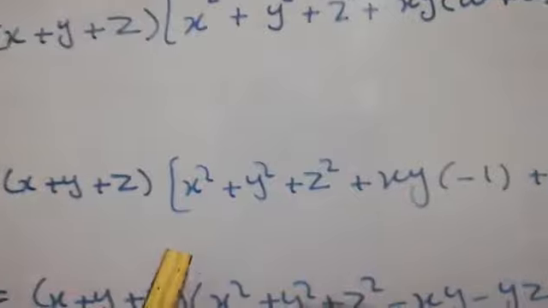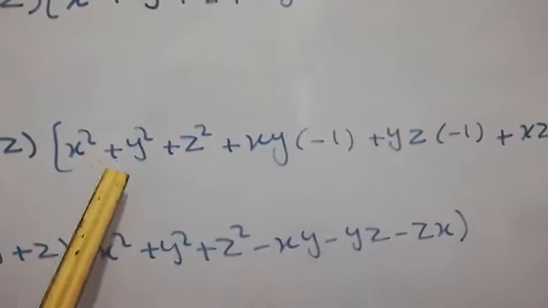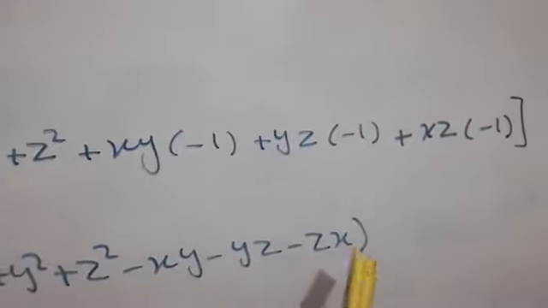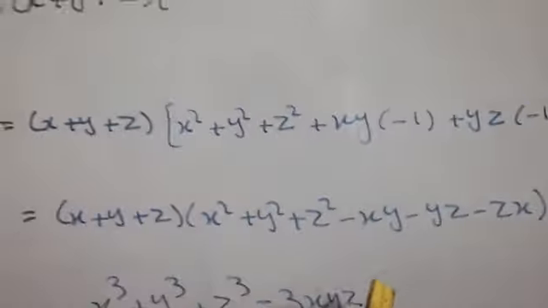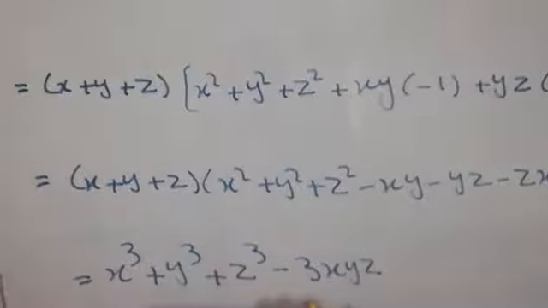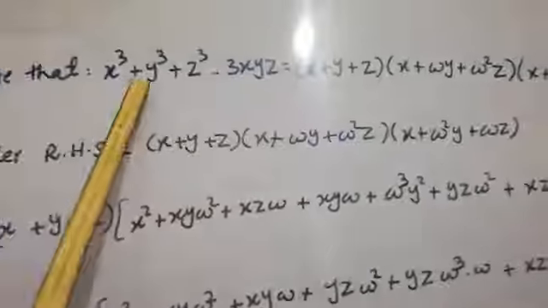So we will put the minus 1 in each value. And then we will write x square plus y square plus z square minus xy minus yz and minus zx. And you know that this is the formula of x cube plus y cube plus z cube minus 3xyz, and this is the left hand side of the equation.